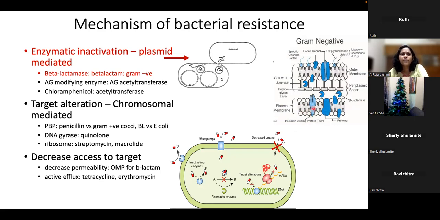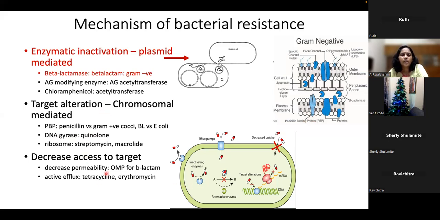If there is an alteration in this so that the beta-lactam cannot bind, then that results in resistance, and this is chromosomally mediated, so it is not rapidly transferred across species. The genes are within the chromosome, so it is not that much transmissible. Resistance against quinolone, DNA gyrase, is also chromosomally mediated.